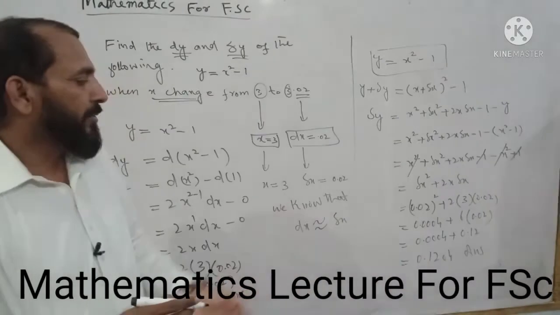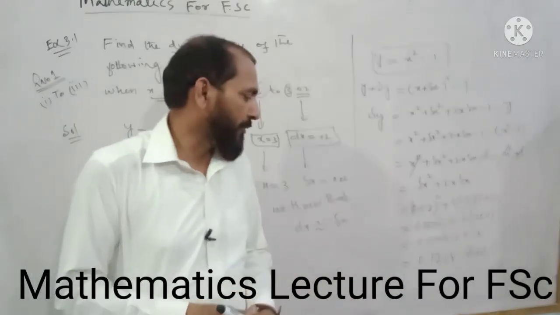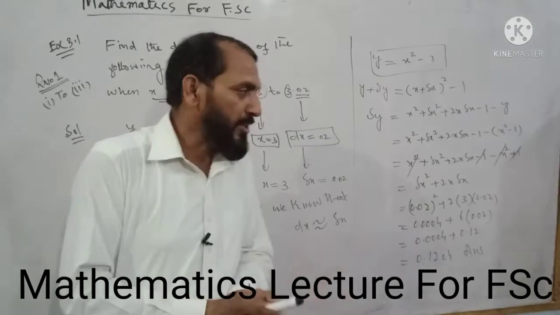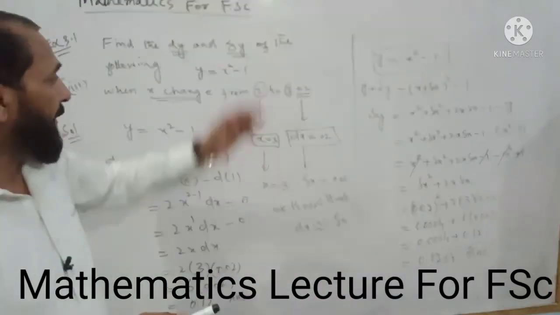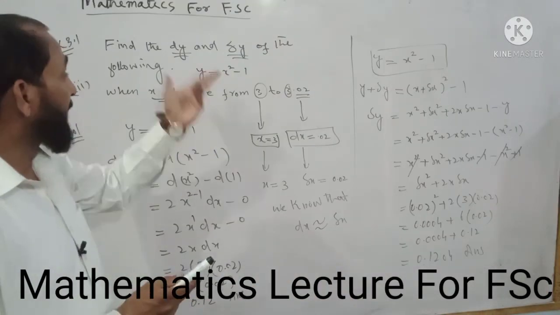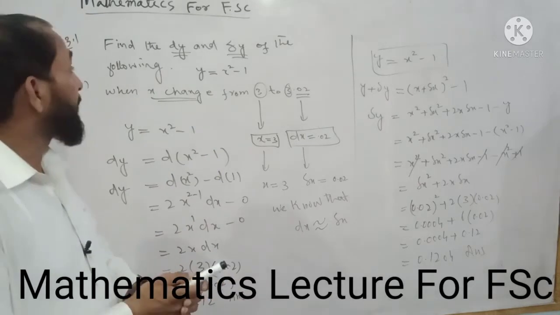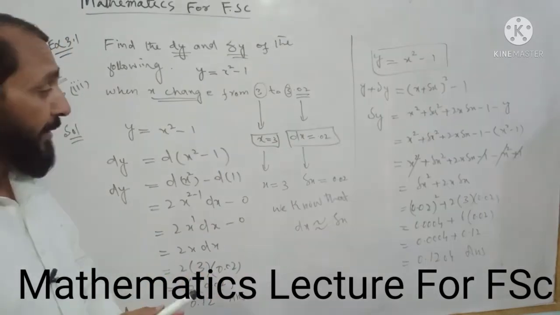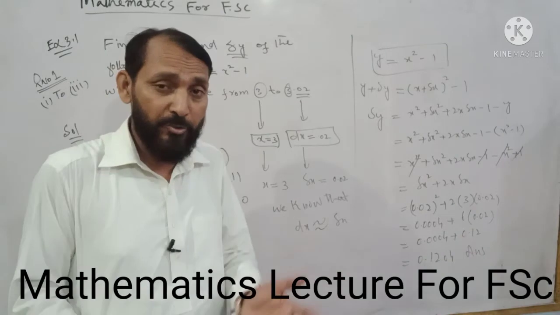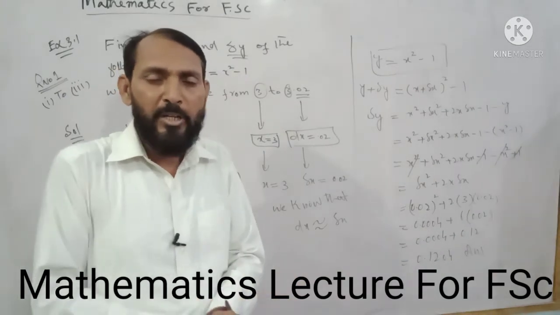So del y has the solution 0.1204. In this question we find two parts, dy and del y, by using the derivative of the function. So you learn it. If you have any difficulty in this question, contact me in my inbox.